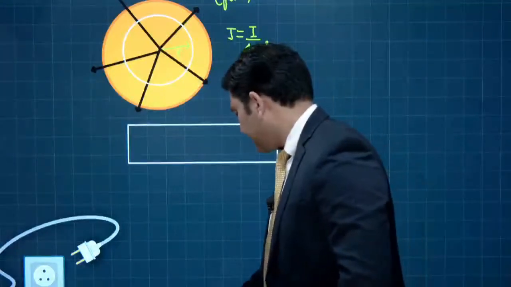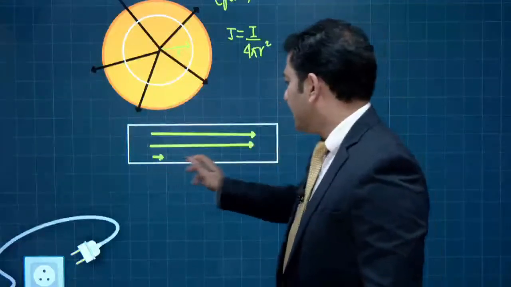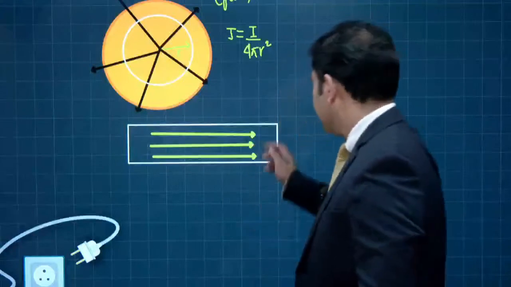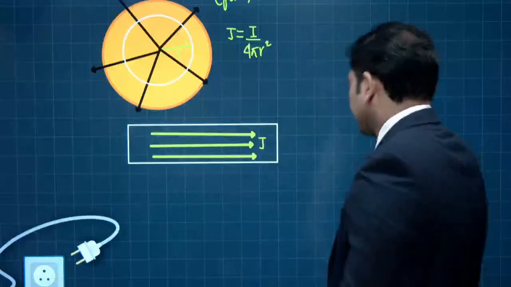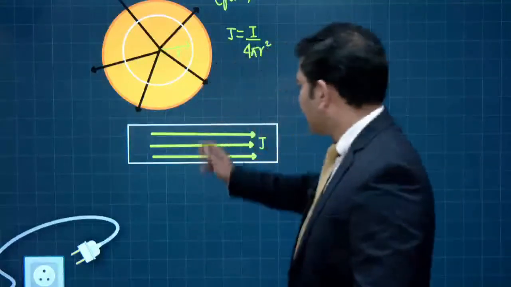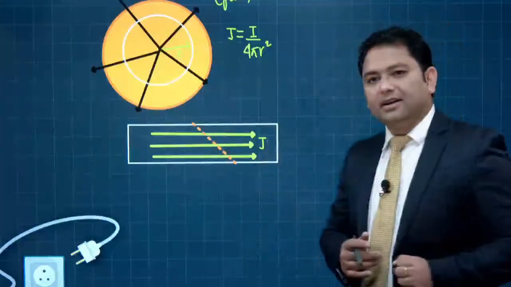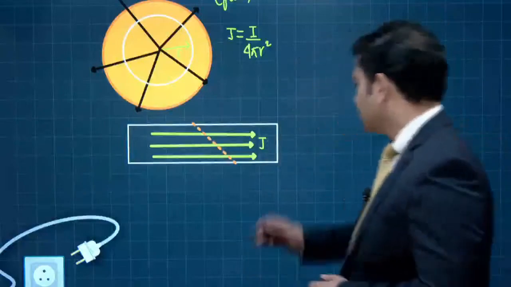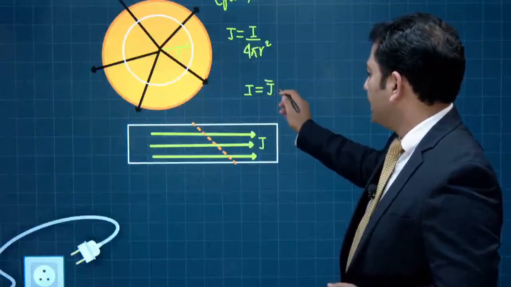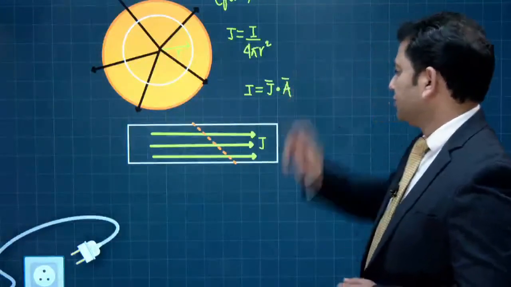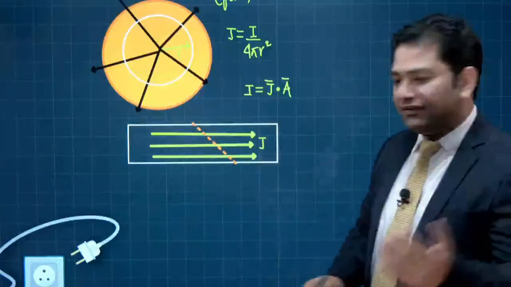It's something like this. Suppose these are the stream, all right? And the direction of stream, that itself is the current density, and that's J. But suppose the question says कि मुझे current चाहिए through this cross section. ये जो dotted दिखा रखा, that's oblique, all right? तो ऐसी situation में, if you want to find the current, then the value of current comes out to be J dot A. So यहाँ से आप देखें, it's a vector quantity, and what is A vector?